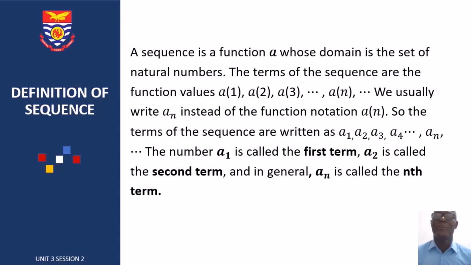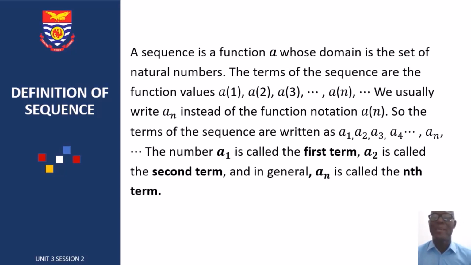We usually write a subscript n instead of the function notation a of n. So the terms of the sequence are written as a subscript 1, a subscript 2, a subscript 3, a subscript 4, dot dot dot, a subscript n, up to infinity.